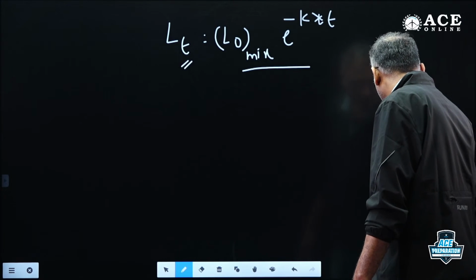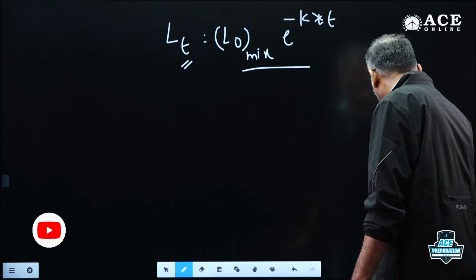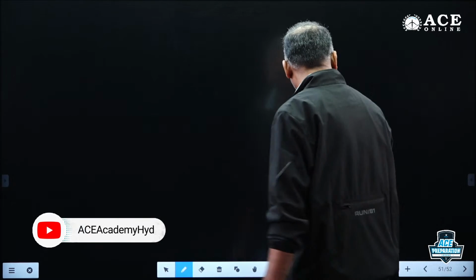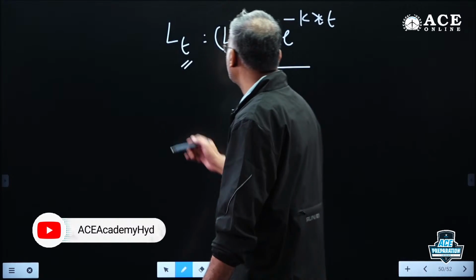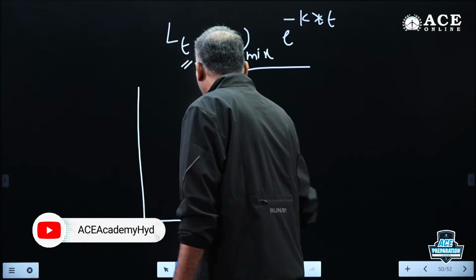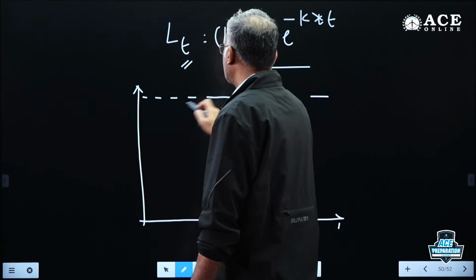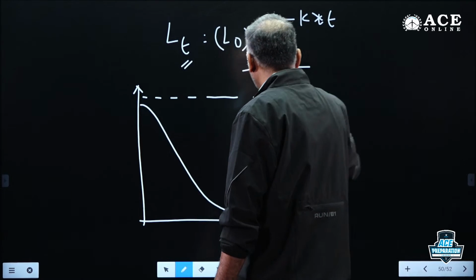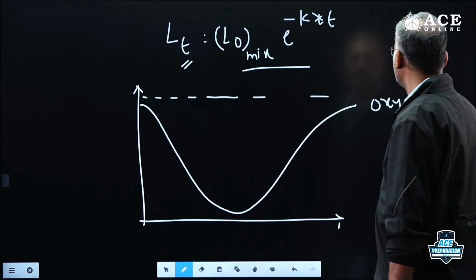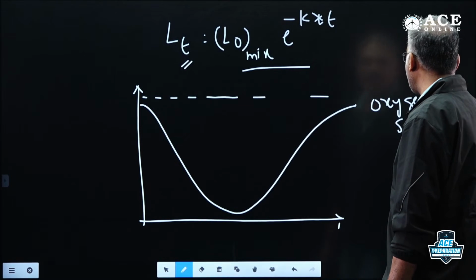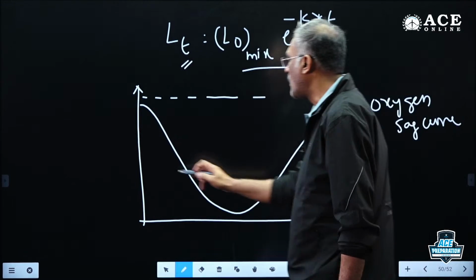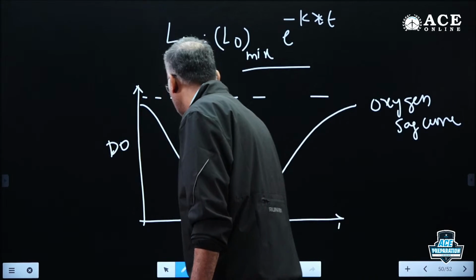And Streeter-Phelps equation, no way. But in last year's GATE exam, they asked this question. When you plot the Oxygen Sag curve, this is called the Oxygen Sag curve. This curve is used to measure DO on the downstream after disposing the waste.